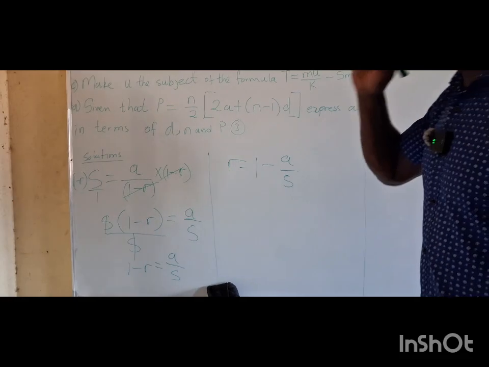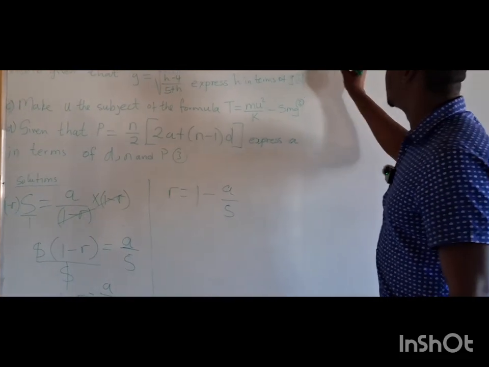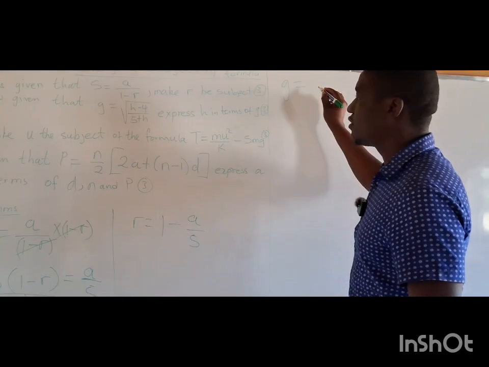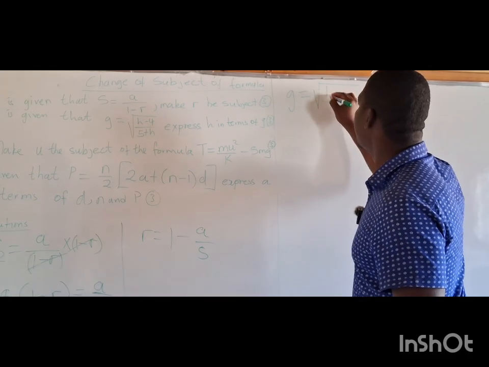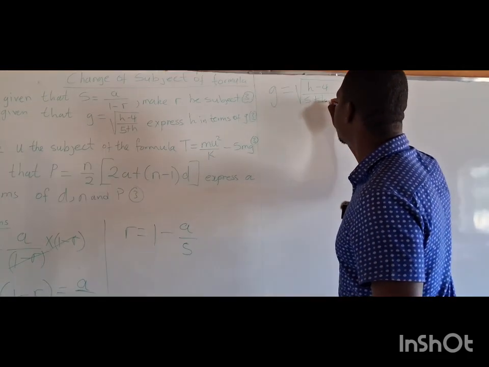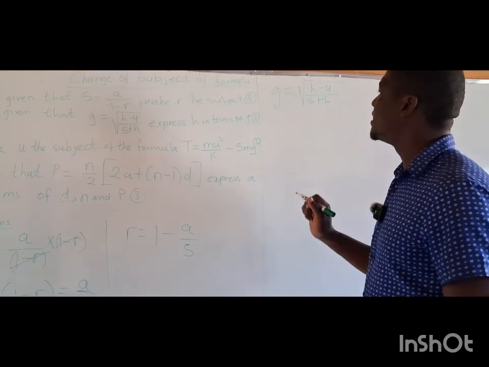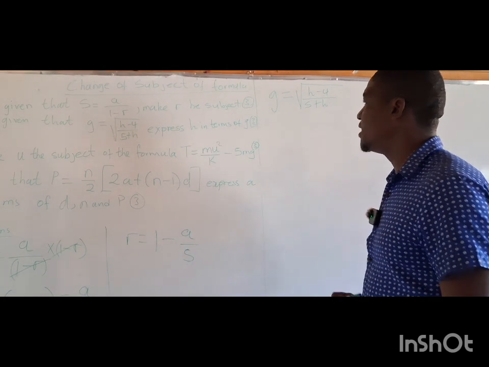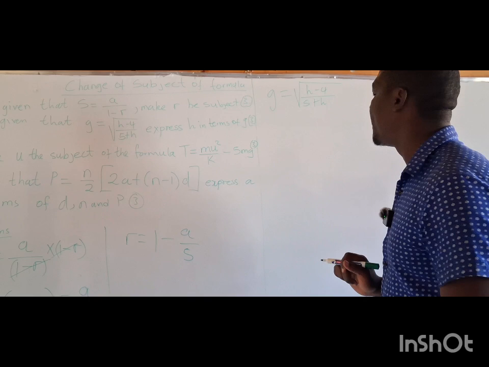Moving on to B. B is saying it is given that G is equal to the square root of H minus 4 over 5 plus H. The question is saying express H in terms of G, so they are saying make H the subject there.